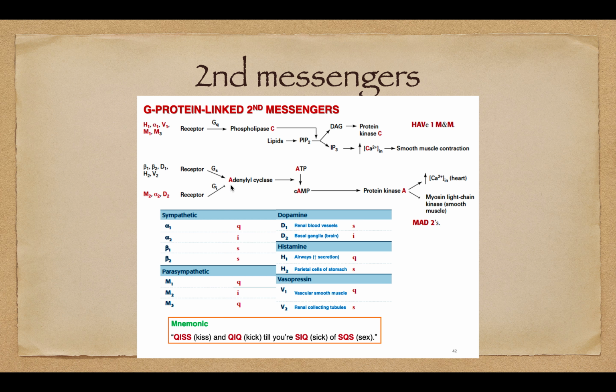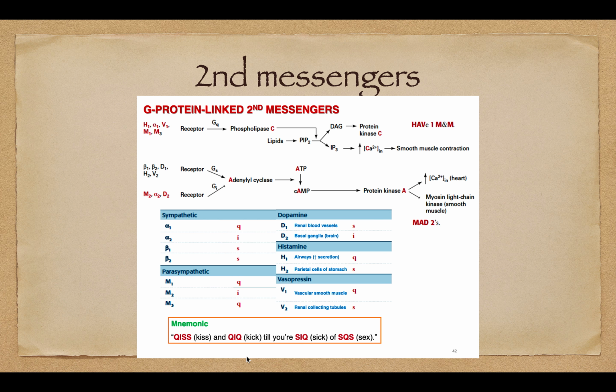It's going to bind to adenylyl cyclase, which turns ATP to cAMP or prevents that. And then if you get cAMP, you go to protein kinase, and it increases the amount of calcium available in the heart in order for the heart to contract more. So this is going to be stimulatory, or it's going to be stimulating the myosin light chain kinase, smooth muscle, of course. So this is going to be more for digestion and peristalsis.